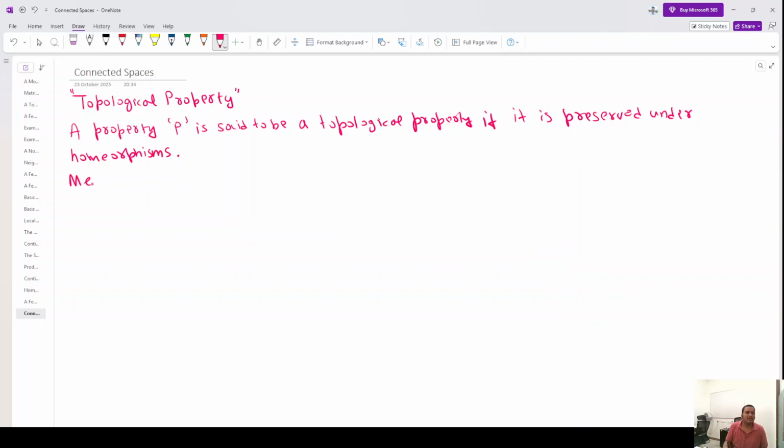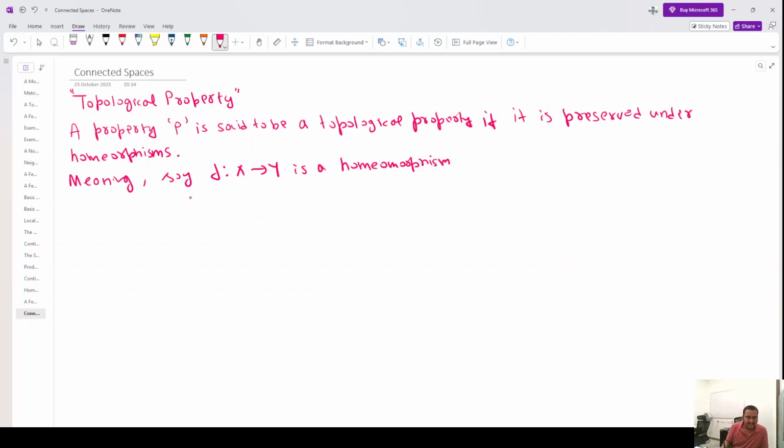Meaning, say f from X to Y is a homeomorphism. Let X and Y be topological spaces. Of course, if we talk about homeomorphism, it has to be between topological spaces. Okay?